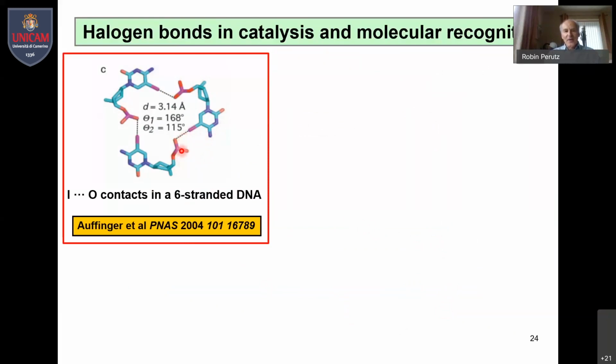So here we have the phosphate oxygens interacting with an iodine because the DNA has been iodinated. So we form that sort of ring there through the iodine-oxygen contacts.